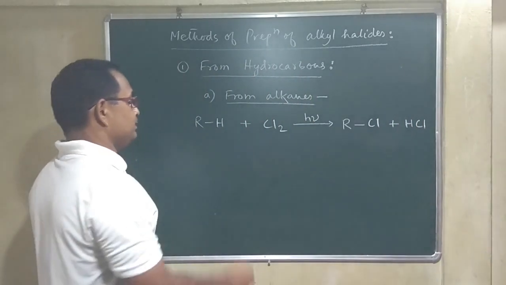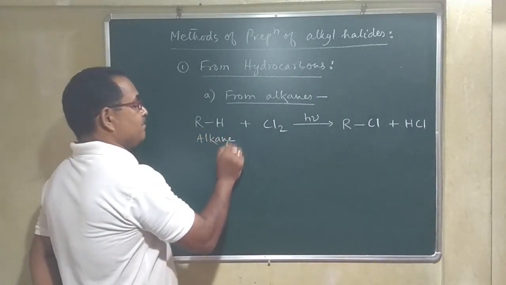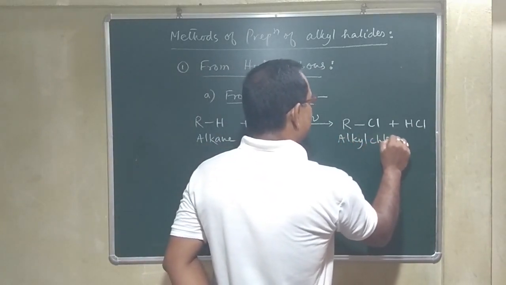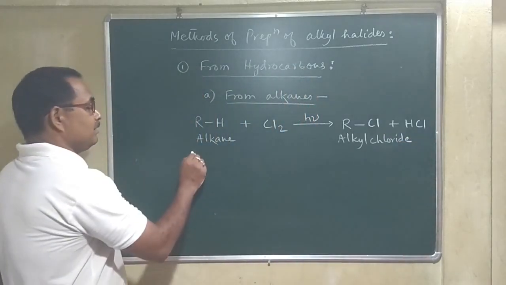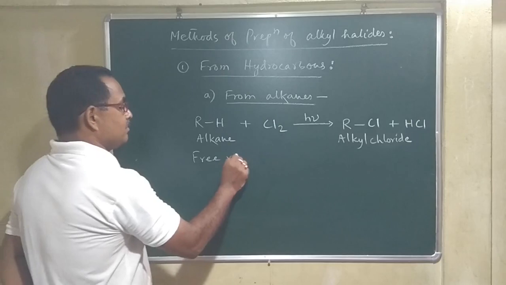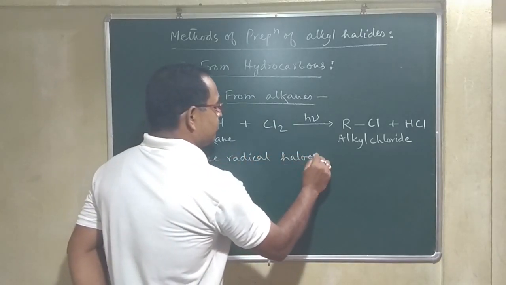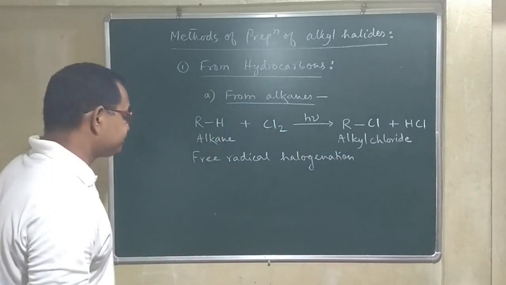and HCl is produced. This is the alkane, this is the alkyl chloride. Now this reaction is called free radical halogenation.